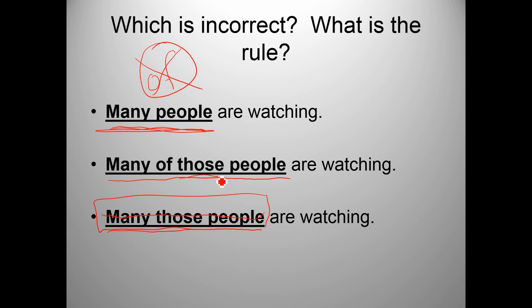And the second one, I have this word those. Those makes people specific. So whenever the noun is specific, I use of. Here I've used those. Other words that could work would be these. If the noun is non-count, I could use these, those, that, or this.